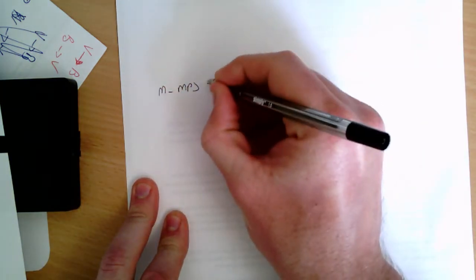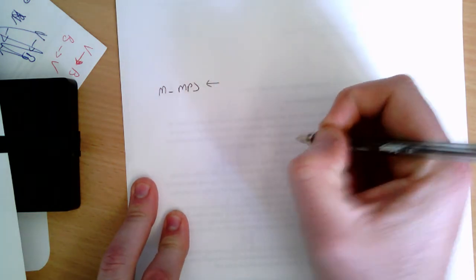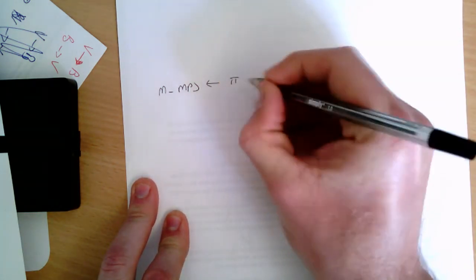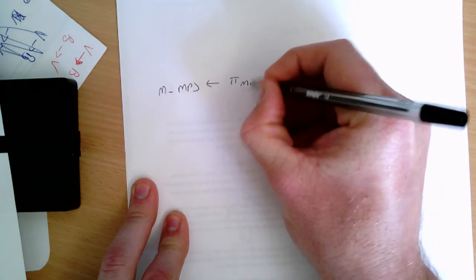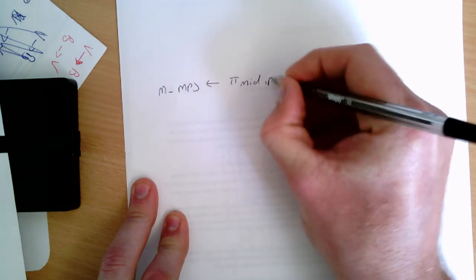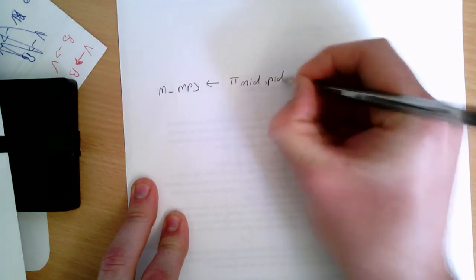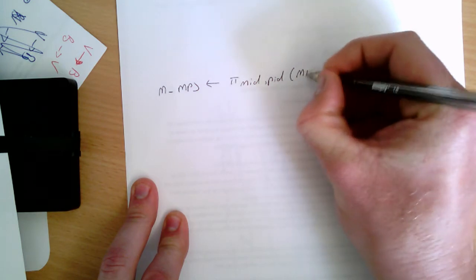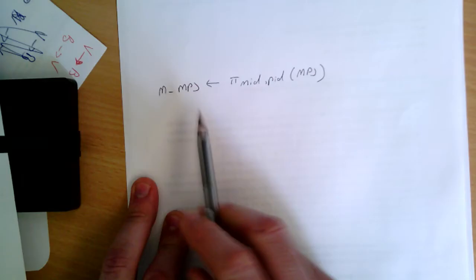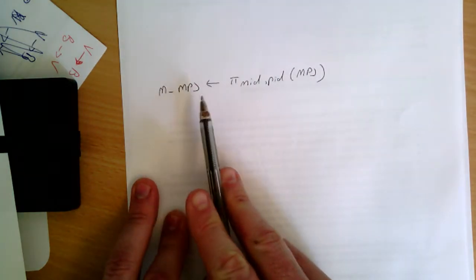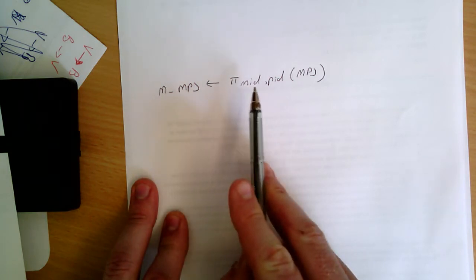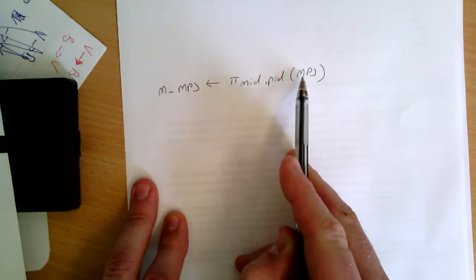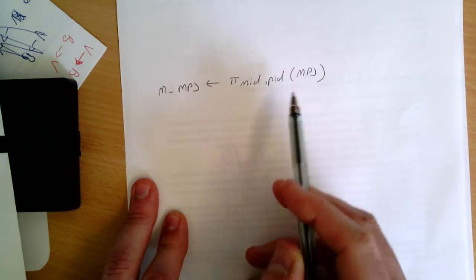In that result, we only want to return the MID and the PID. So we project using our pi operator to get the MID and the PID, and we grab that from our MPJ table. This intermediate result is only going to return those two columns for all records in the MPJ table. We haven't done any filtering here.